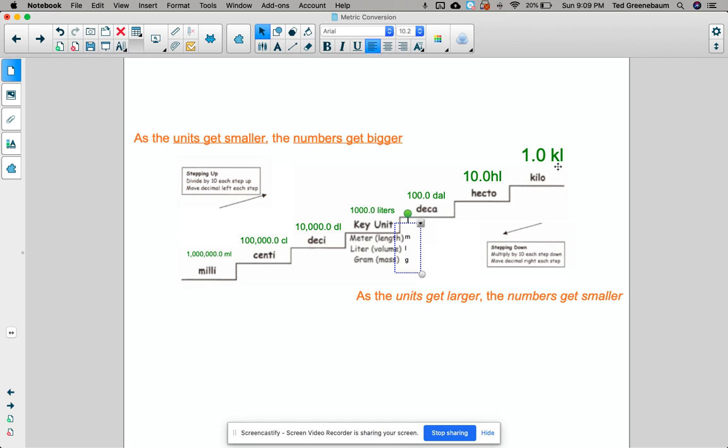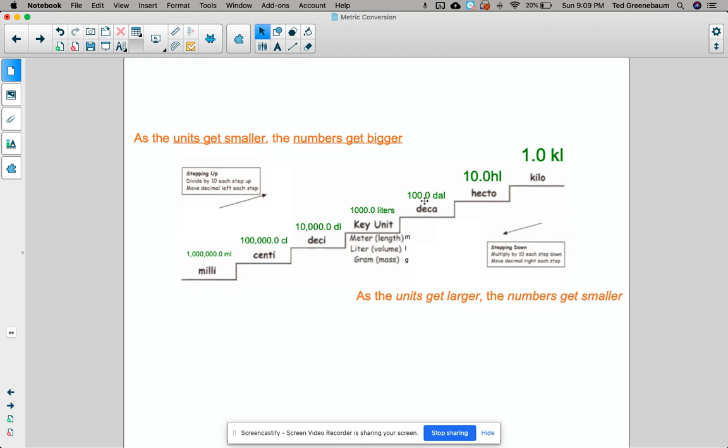And that is the same volume as 10 hectoliters, which is the same amount of space as 100 decaliters, which is just as voluminous as 1,000 liters, which takes up just as much space as 10,000 deciliters, which is just as big as 100,000 centiliters, which is as voluminous as 1,000,000 milliliters.